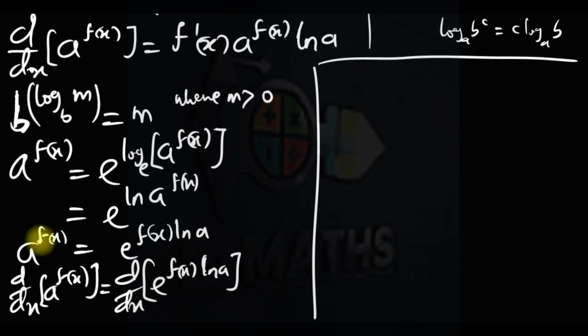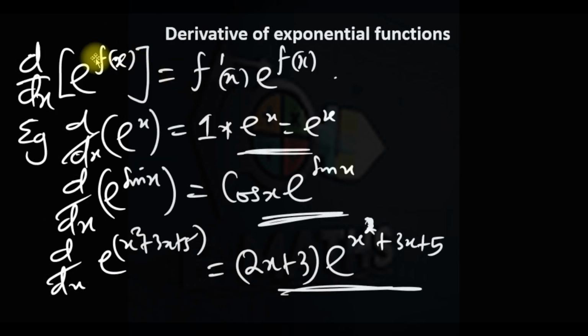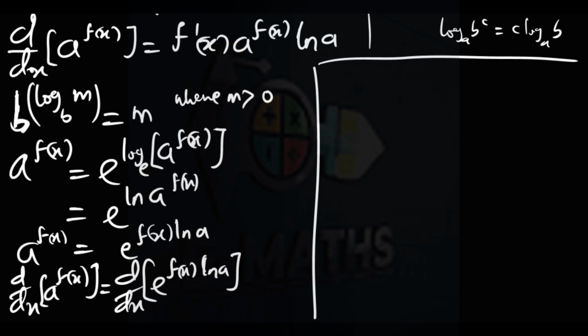Do you remember the derivative of the exponential function? We multiply the derivative of the power, the exponent, by the original function. Do you see it? So that's what I'll use here.